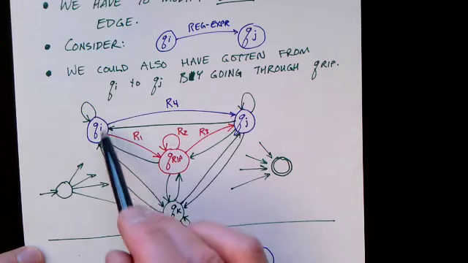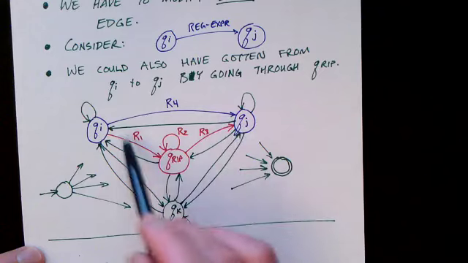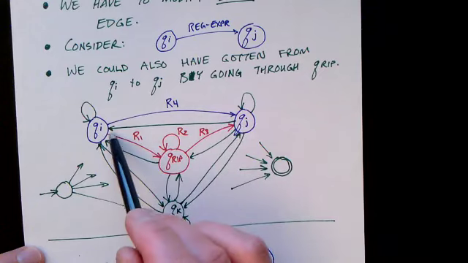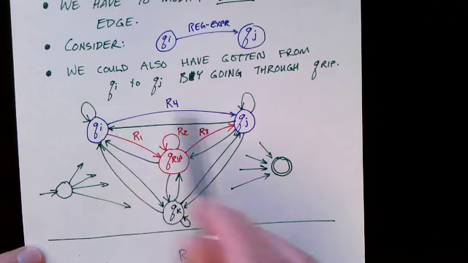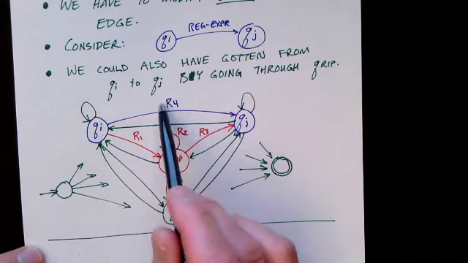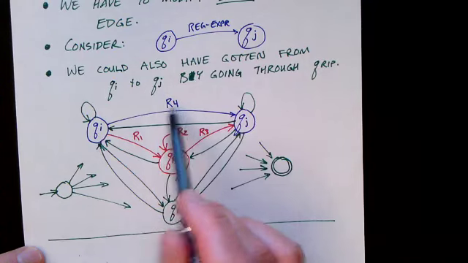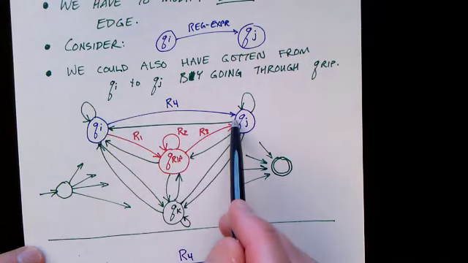Okay? So we could have gotten from i to j by going through it, and so one way to get from i to j is to go directly, and there's a regular expression that describes all the strings that will take us directly from i to j.